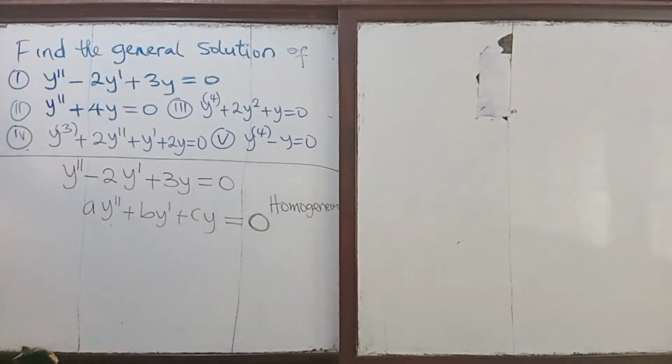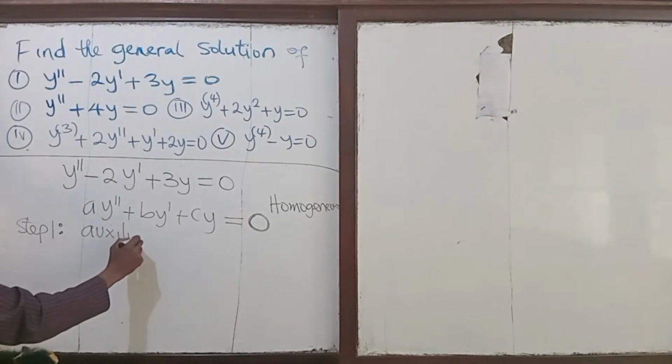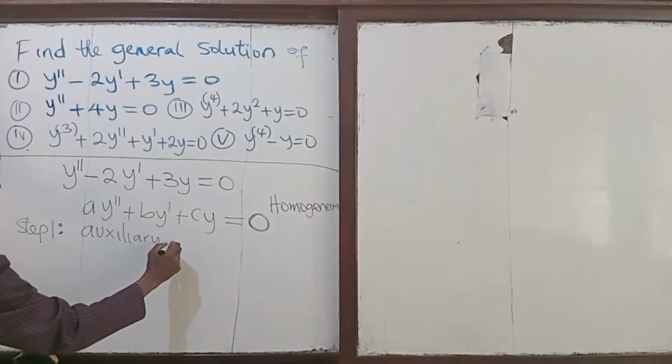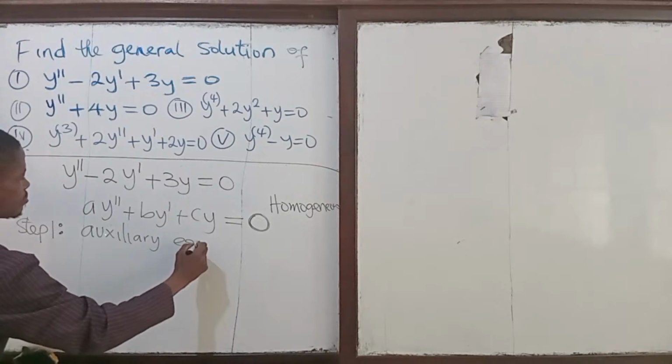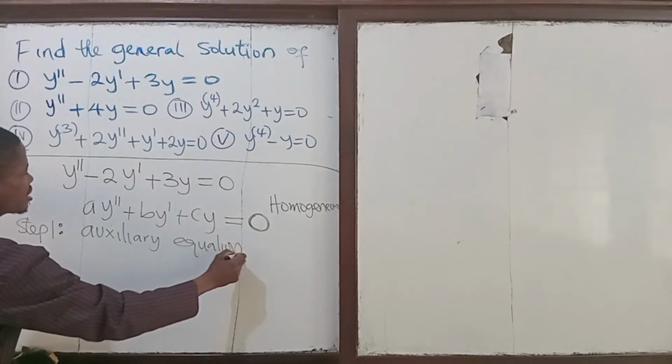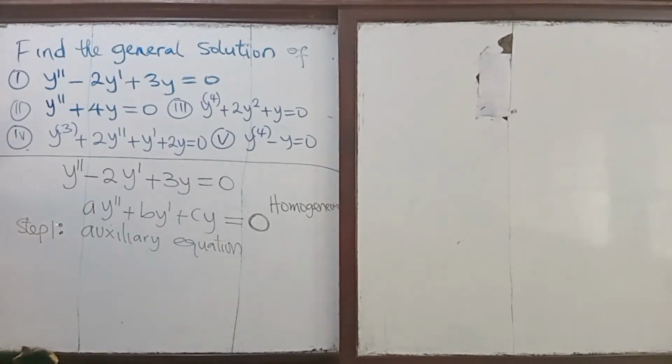So step 1 is to get the auxiliary equation of the homogeneous equation.